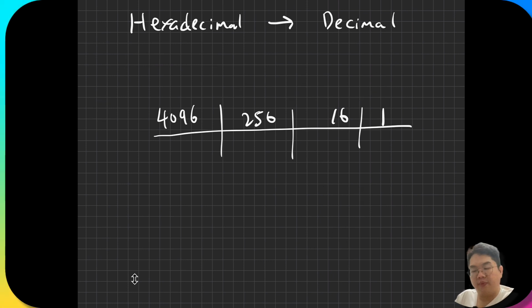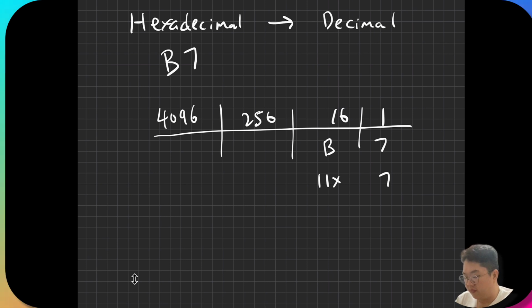Let's do another example. I'll clear out some distractions so we can do a hexadecimal value, let's say B7. So let's put B right over here and then 7 right there. Remember, B is the number 11, and 7 is just 7.